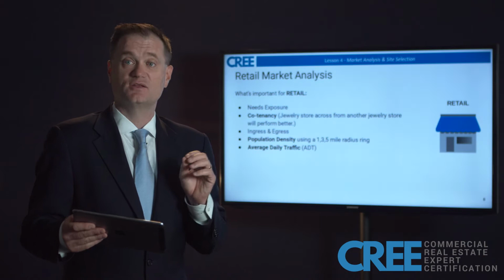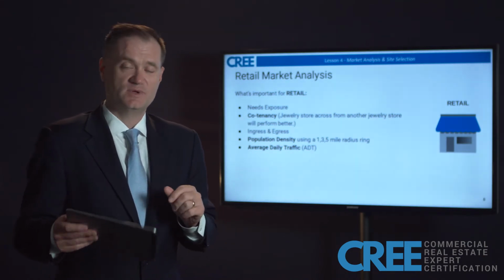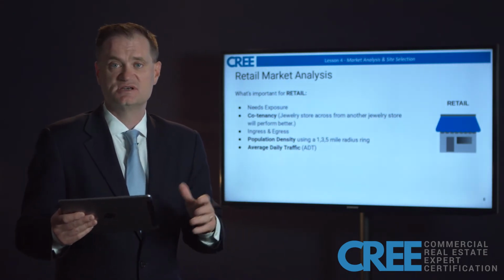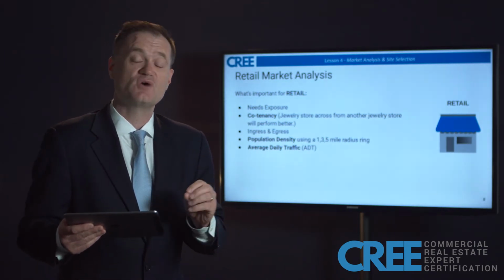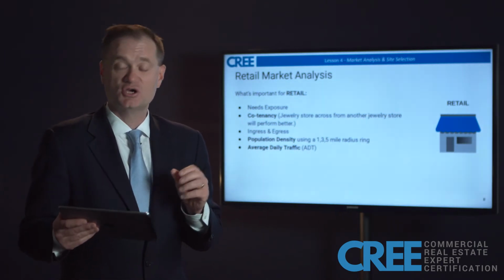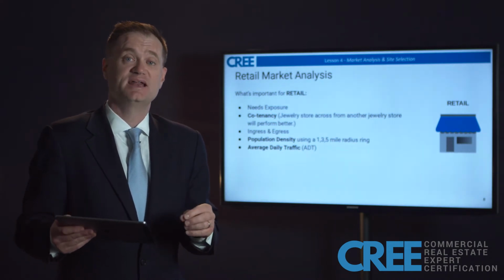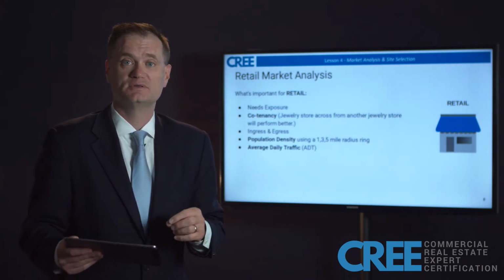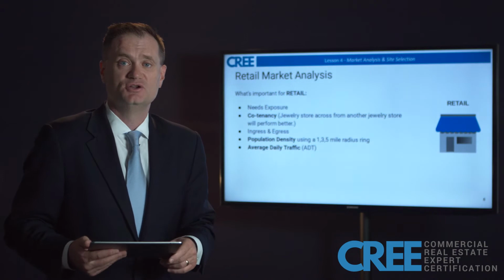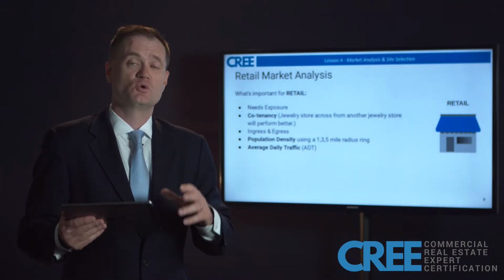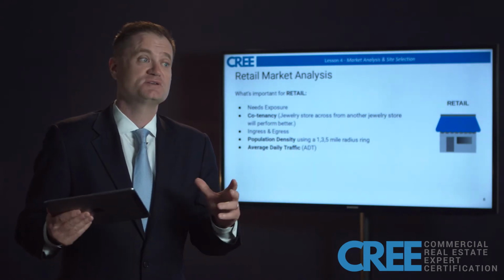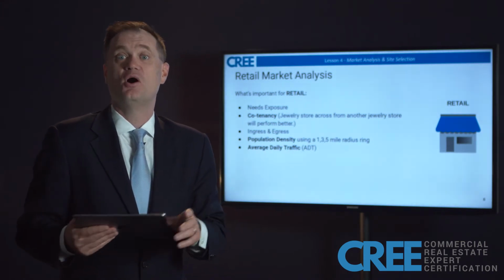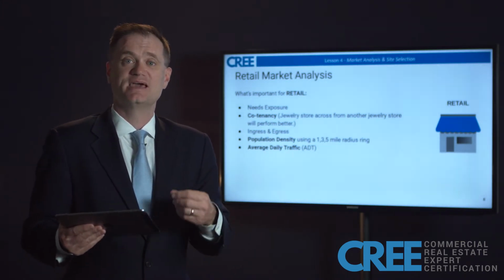And then finally, in the retail market, again, retail is most of the time needing, I would say, really strong exposure, drive-by exposure. Co-tenancy with other tenants may or may not be important. There's an old saying that the more jewelry stores there are within a 1 block, 2 block radius or across the street from each other in a mall, do better because they are co-tenants.